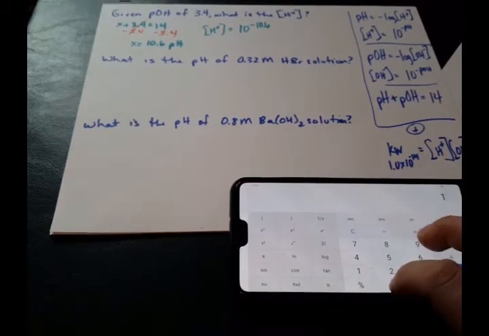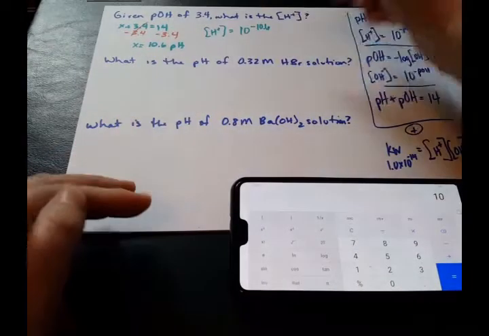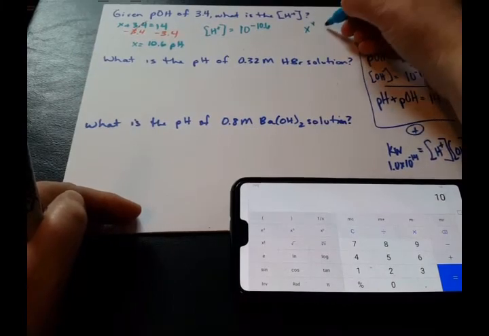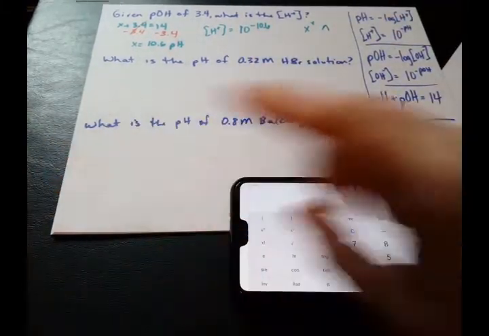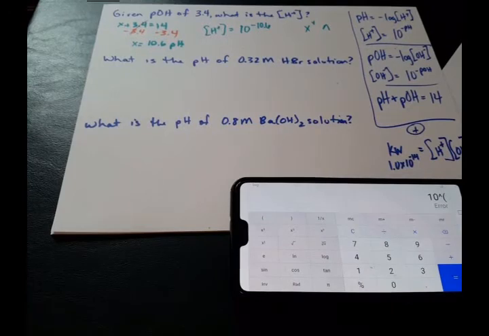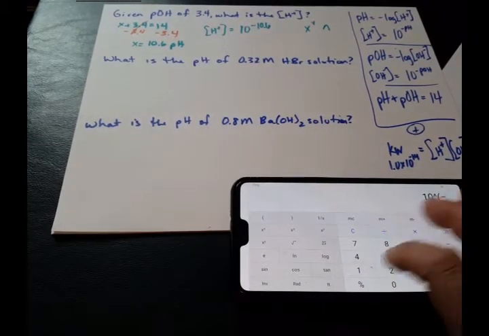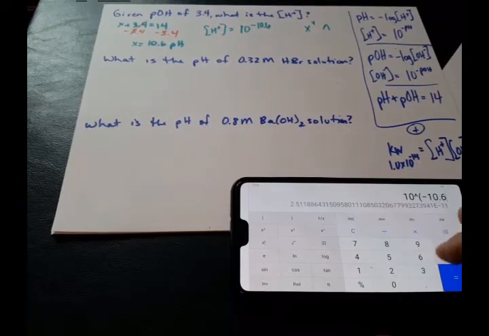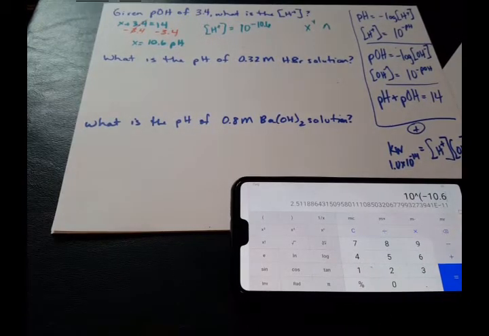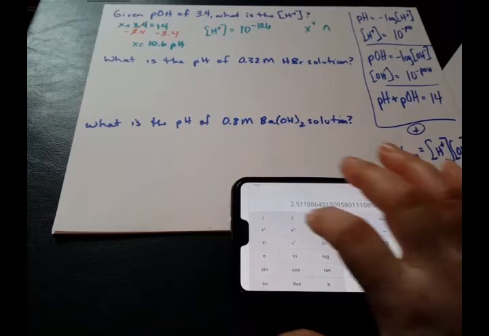So I'm going to do 10. I'll look for the button that looks like this, or maybe you've got a button that looks like that. So I've got 10 to the power of, and on my calculator I press negative 10.6. Some calculators need you to press 10.6 negative.